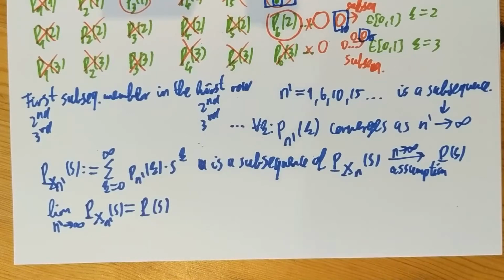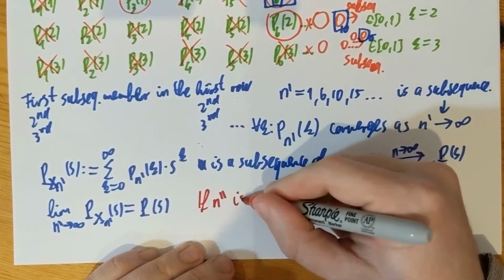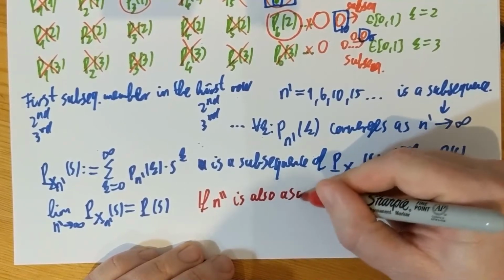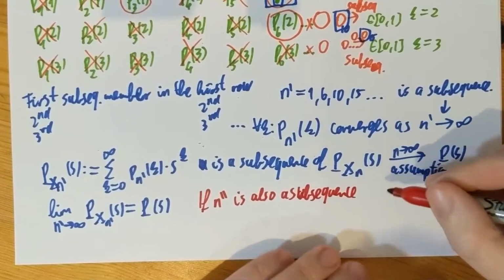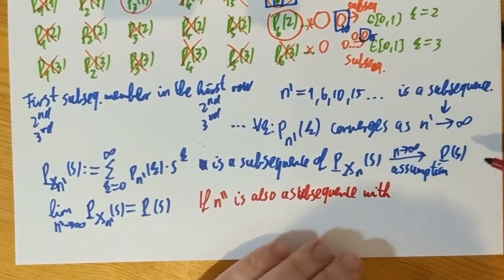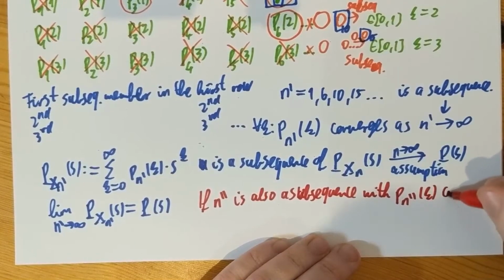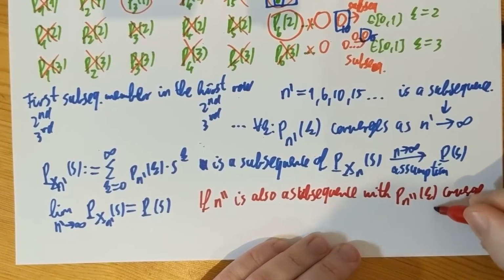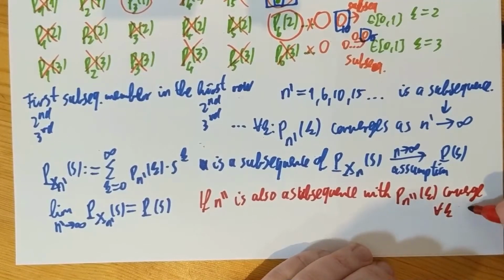Now comes a little bit more of an abstract argument. Suppose that we have another subsequence, n double prime, such that the mass function values converge again for every k as n double prime goes to infinity.